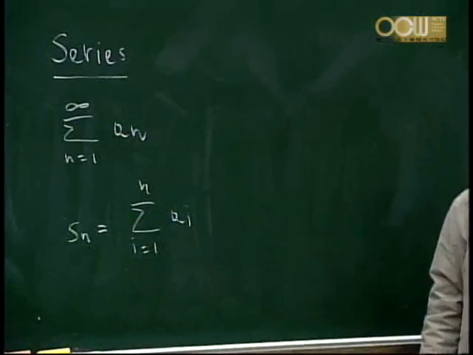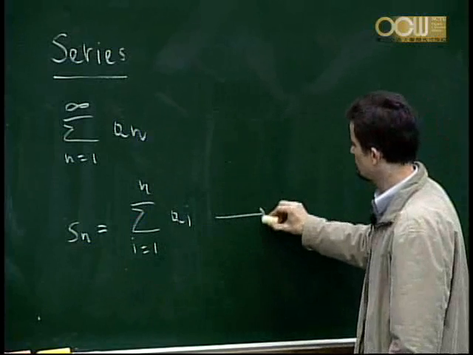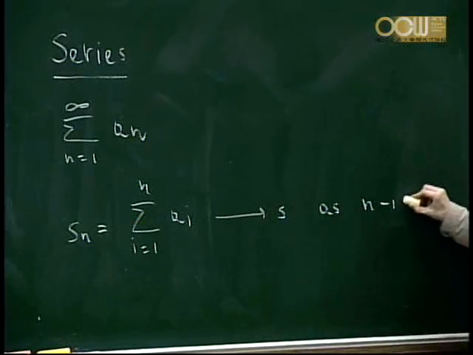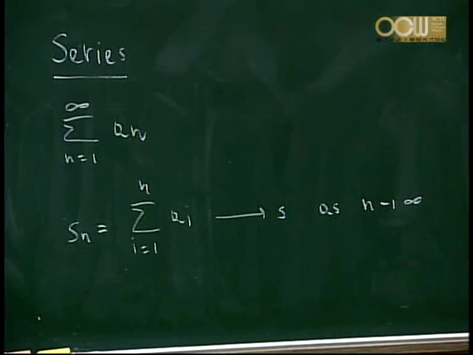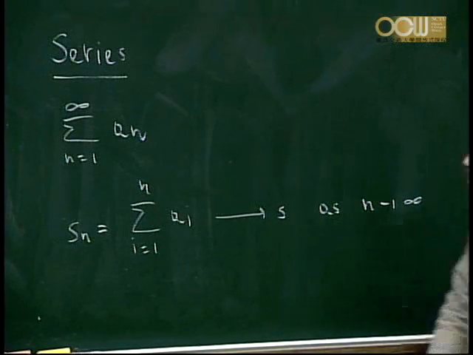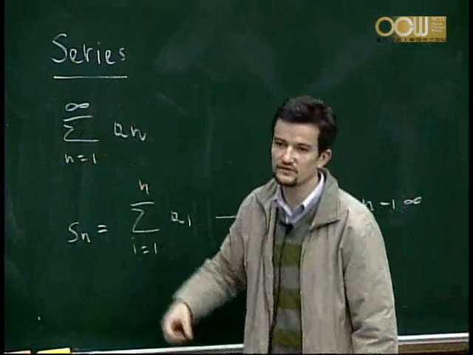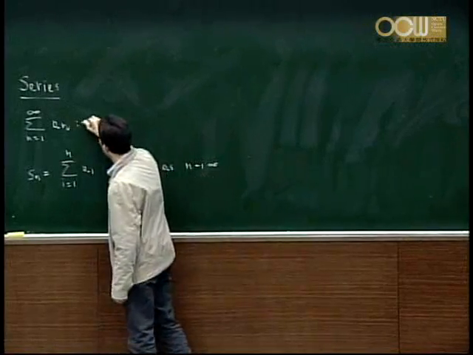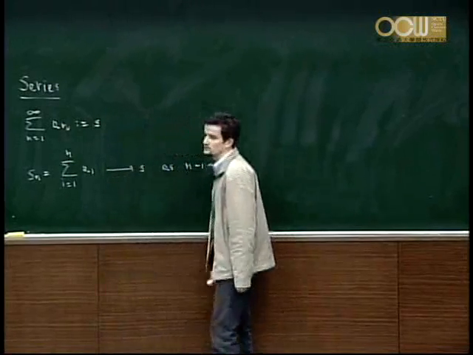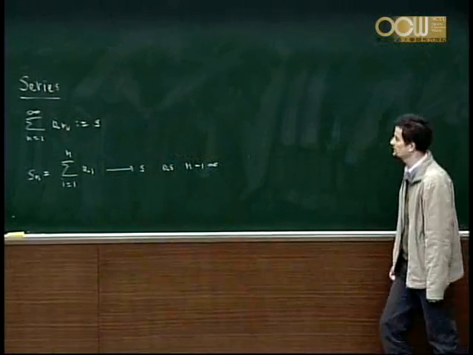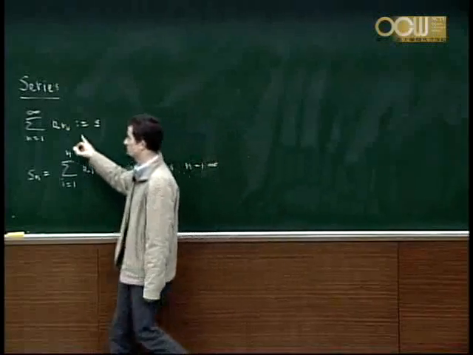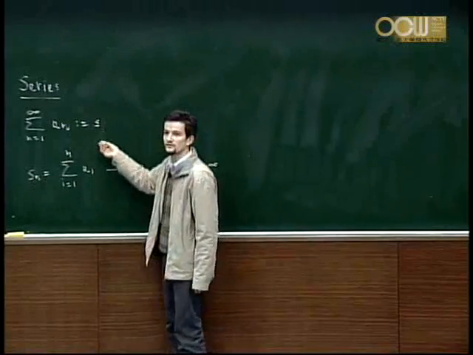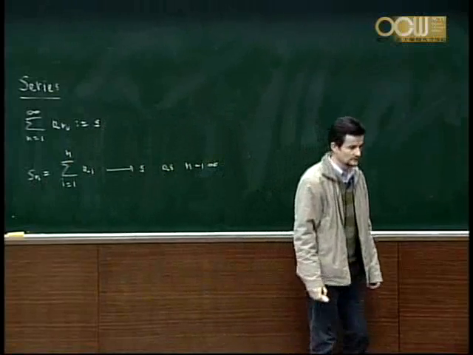If this sequence converges to an S as n tends to infinity, then we say that this kind of object exists, or the series is convergent, and it has the value S, which is the limit of the partial sums. This is the meaning of this object. And if this sequence does not converge, then we say that this series is divergent.